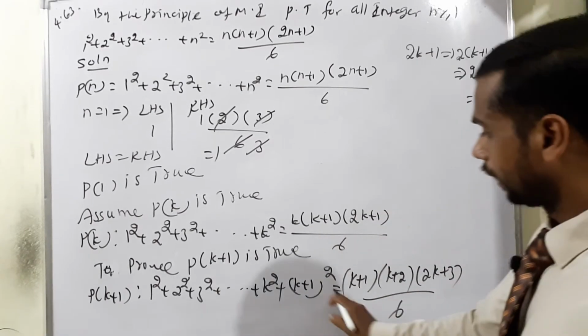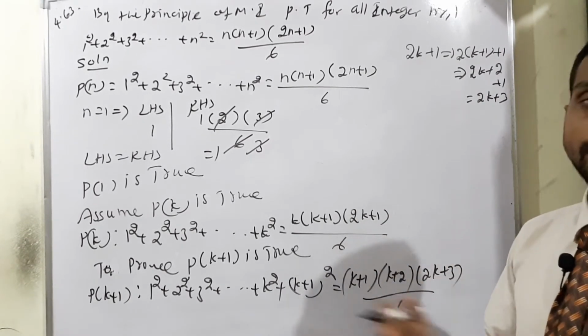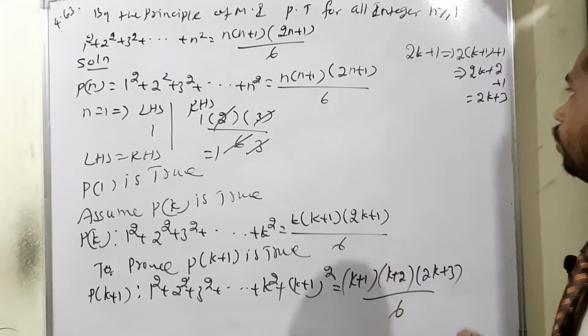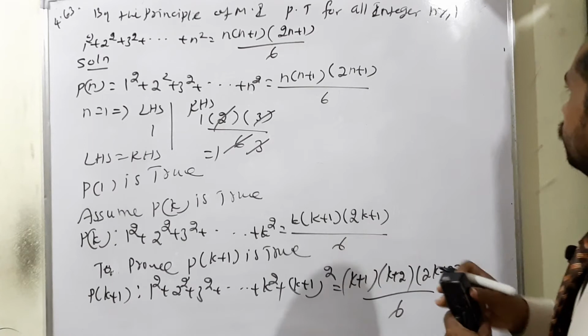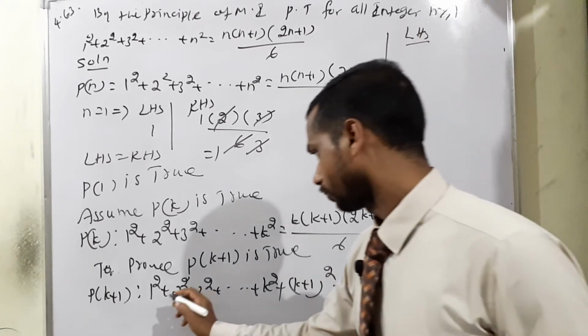Now we have to prove LHS equal to RHS. If both the terms are equal, we can say it, isn't it? So for all integers n greater than or equal to 1. So LHS, what is the LHS term?